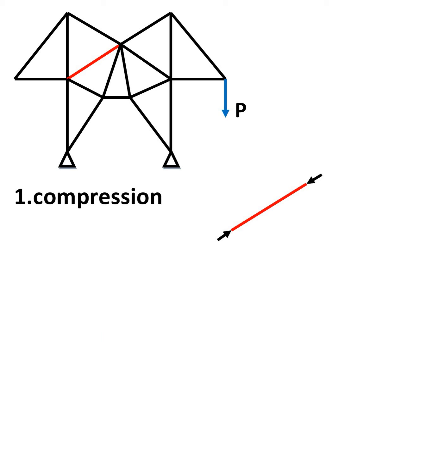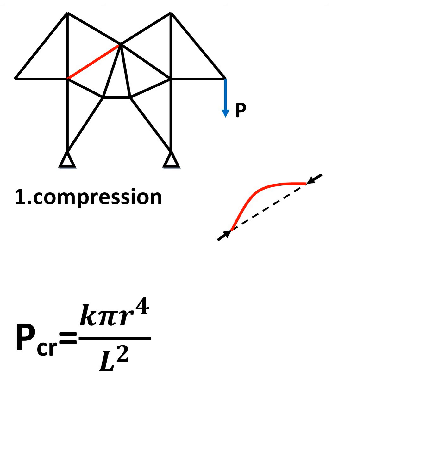In the compression case, we need to know the value of force, because we need to make sure that its value is smaller than a value which is called the critical load. But if it is greater than the critical load, the member would, guess what, buckle and then fail.